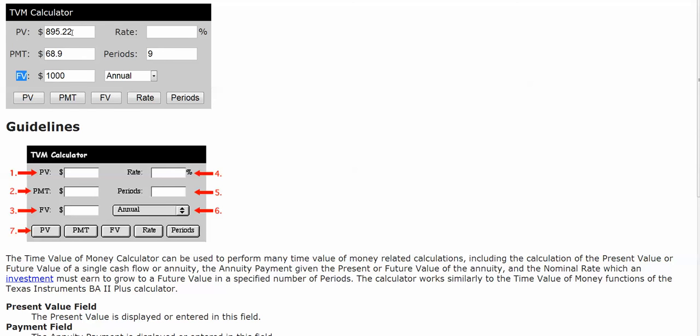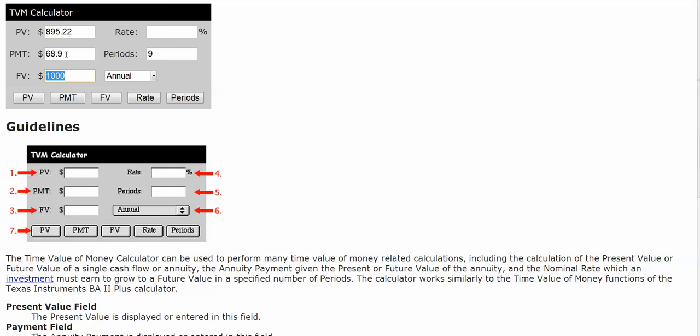Now, whenever you solve for a rate, you have to have a sign change among these three dollar amounts. What you need to do is assign the values that are going the same direction the same sign. Basically, you would pay $895.22 for this bond, so it would be an outflow to you if you were to buy it, and you would receive interest payments of $68.90 every year for 9 years, and at the end of the 9th year you'd receive $1,000 as a future value.